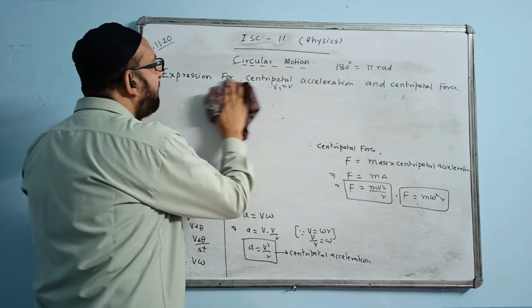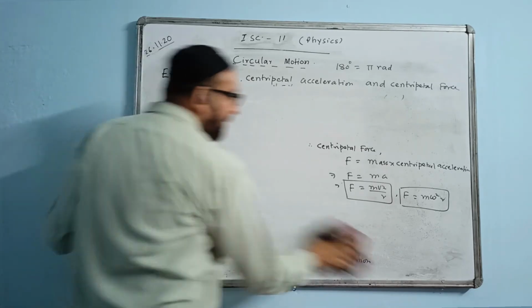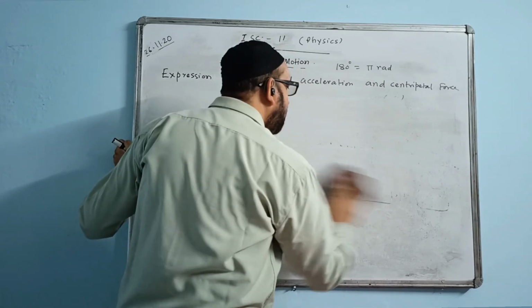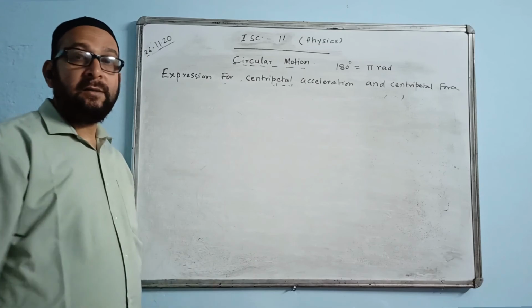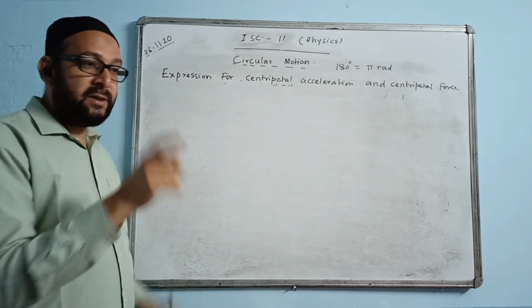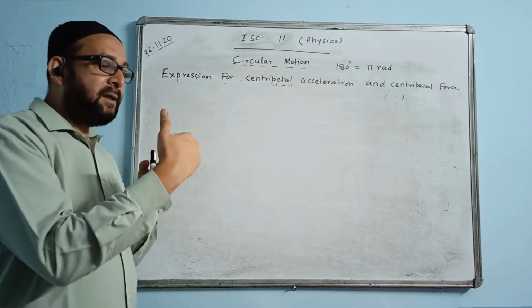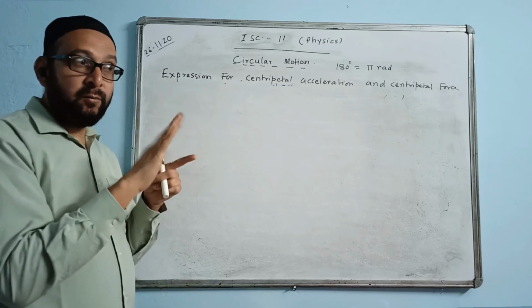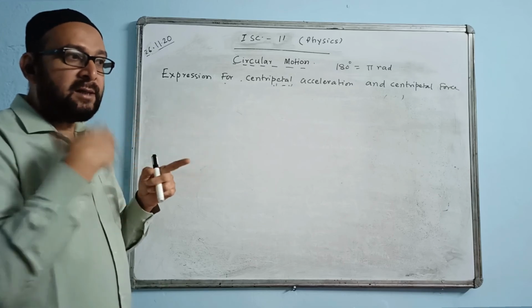Now what is called centrifugal force? Centrifugal force is the force acting on a body directed away from the center of the circular path. To describe the equilibrium of a body, one force is acting towards the center, that is centripetal force. To balance it, we assume that there is a force, that is our imagination.